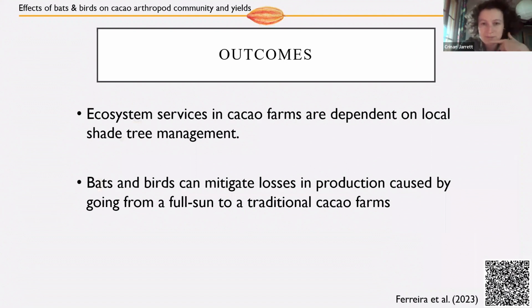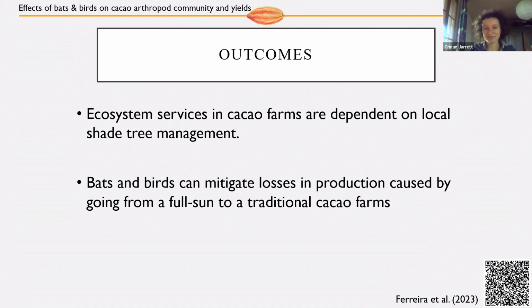So the outcome of this study is that ecosystem services in cocoa farms are dependent on local shade tree management. So really the contribution of birds and bats to cocoa productivity depends on how you manage your farm. And importantly, birds and bats can mitigate the losses in production caused by going from a full sun to a traditional cocoa farm.